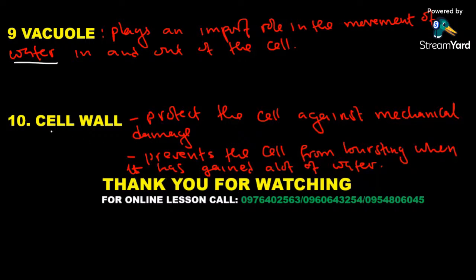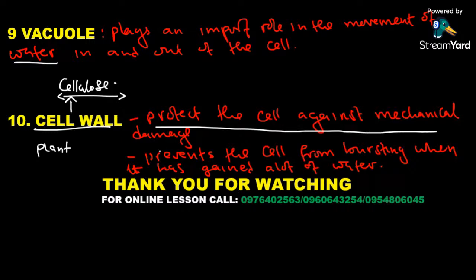I think we are going to look at solutions soon, and this will get more clear. Then we have the cell wall, which is only found in plant cells as well. To start with, you need to know that it is made up of a hard material called cellulose. Now, what is the function of the cell wall? One, it protects the cell against mechanical what?